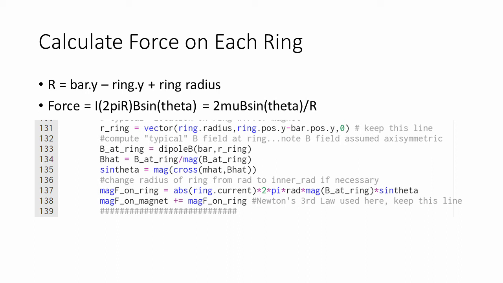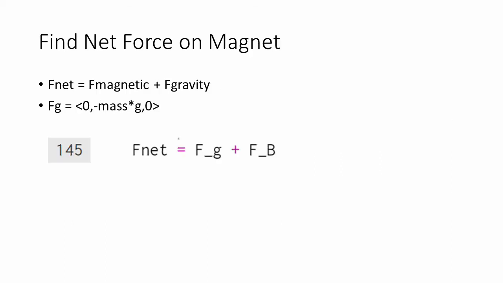Then we just plug those values straight into this formula to calculate the force that the magnet has on each ring. In order to find the force that each ring has on the magnet, because that's really the force we want, we simply use Newton's third law and find that it's the same force, the sign is just switched.